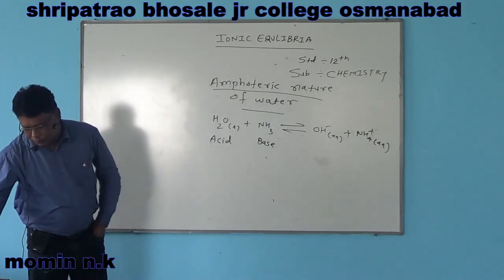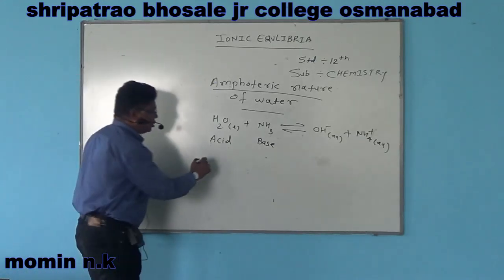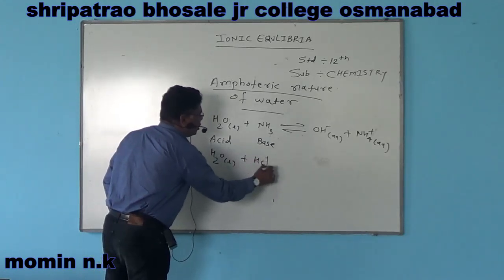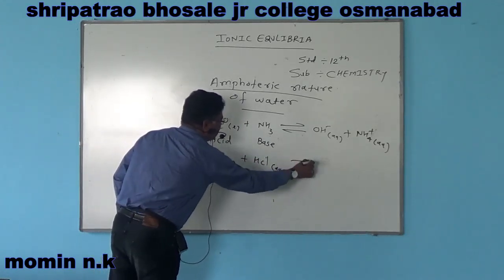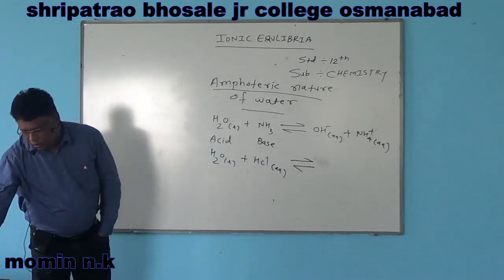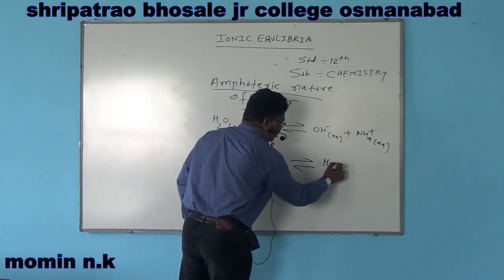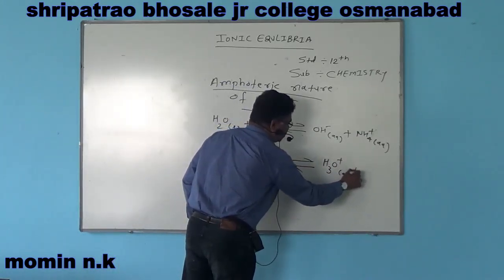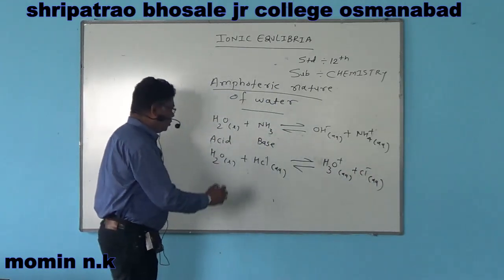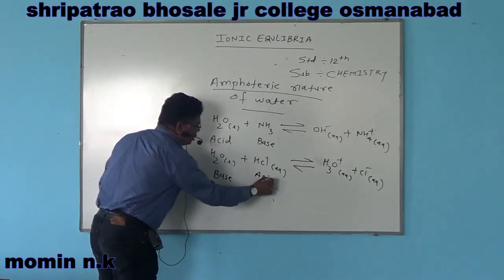Another example, that is H2O liquid plus HCl aqueous. Here it gives H3O positive aqueous, the hydronium ion, plus Cl minus aqueous. Here this water acts as base because HCl is acid.